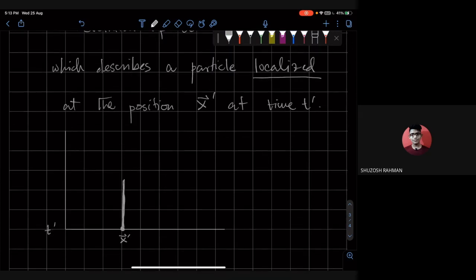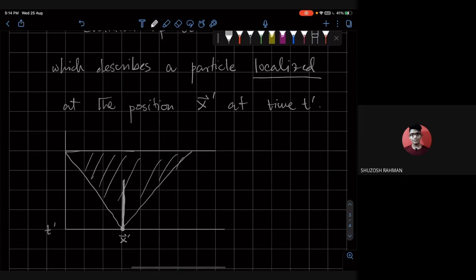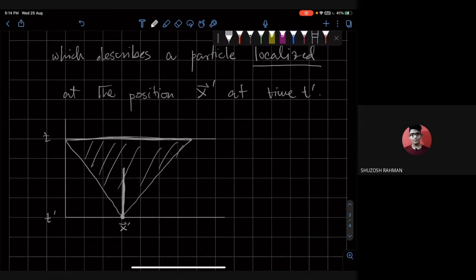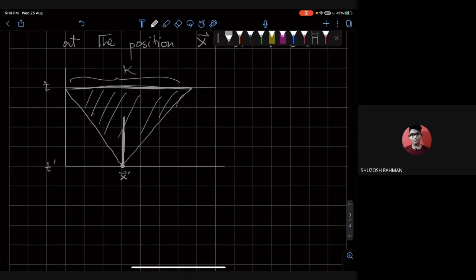Then what would happen is that as time progresses, the wave function would spread out, and then it would have a much bigger support at time t, right? That's what we expect. And this wave function is K. Okay, so this is easy to show.